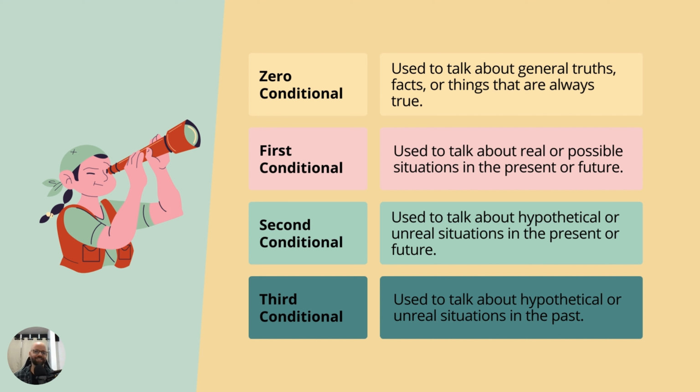The second conditional is used to talk about hypothetical or unreal situations in the present or future. And the third conditional is used to talk about hypothetical or unreal situations in the past.